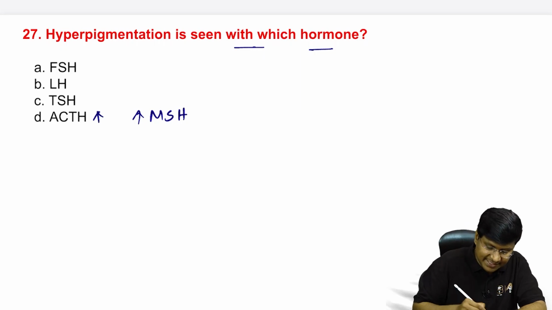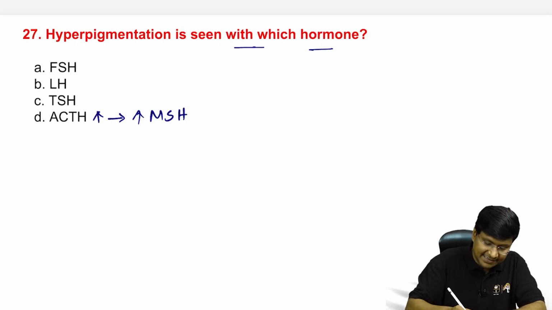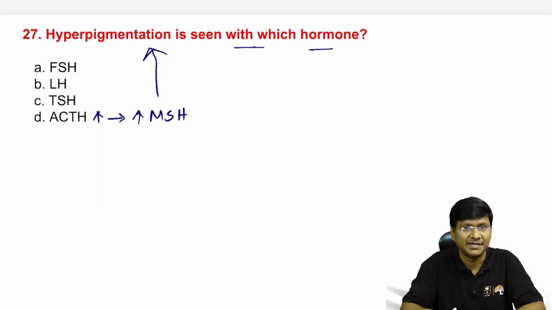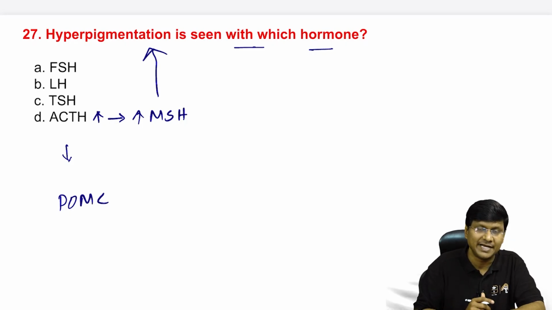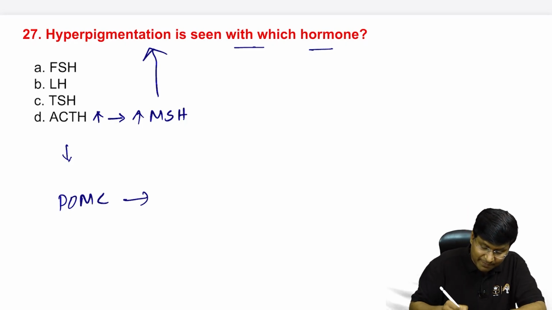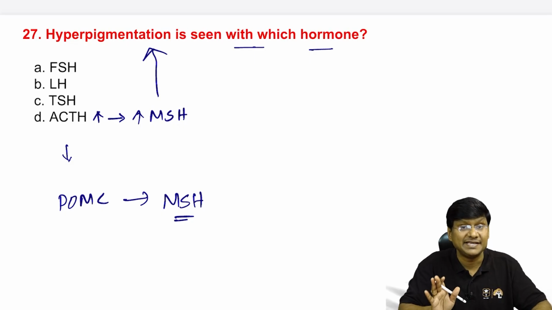As and when there are increased levels of ACTH, there is parallelly an increase in melanocyte stimulating hormone, and that is responsible for the hyperpigmentation. Whenever ACTH is produced, there is release of pro-opiomelanocortin, the precursor of MSH, which is converted into MSH, resulting in hyperpigmentation. So hyperpigmentation is seen with ACTH.